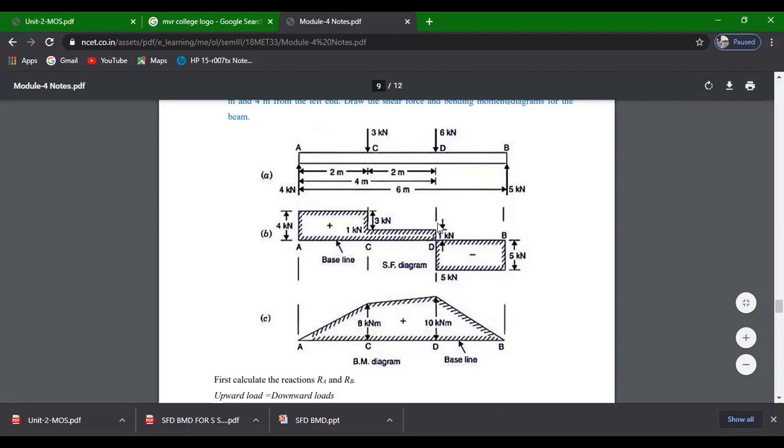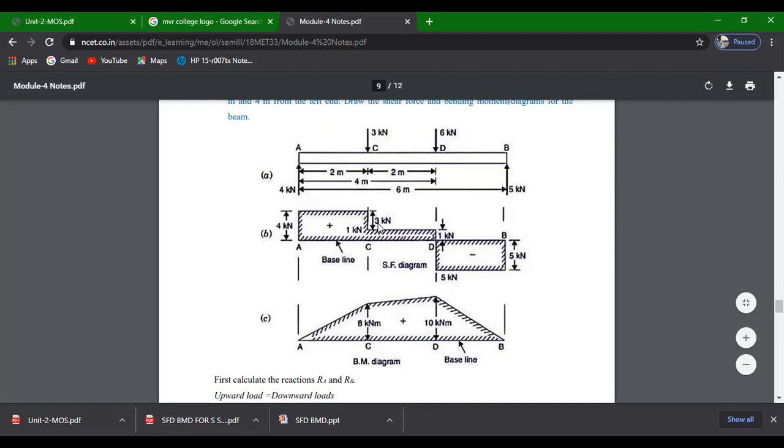Okay, after point D up to the point C, we don't have any load. So the entire 1 kilonewton will be constant. This constant will be represented by the horizontal line here. Okay, at the point C, again 3 kilonewtons will be there, and this amount of force will also be a positive one, not a negative.